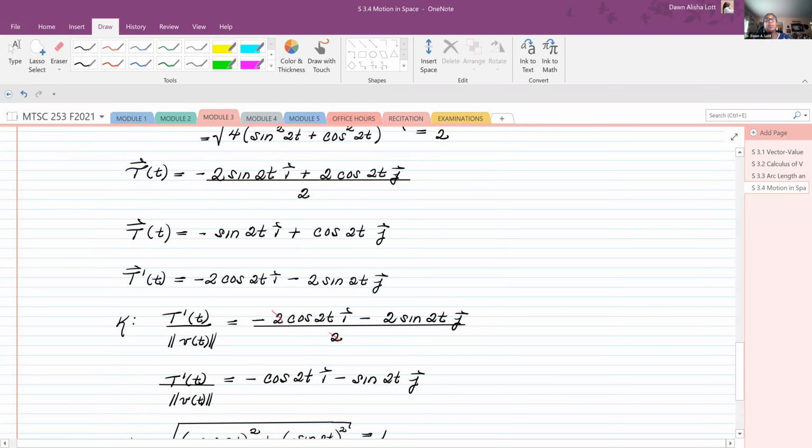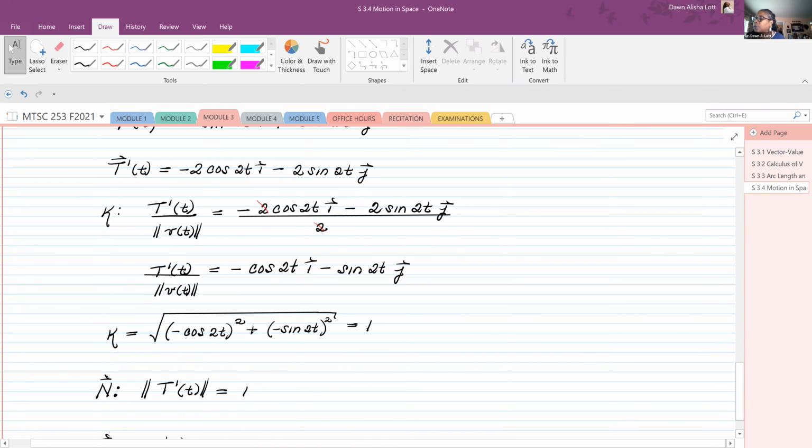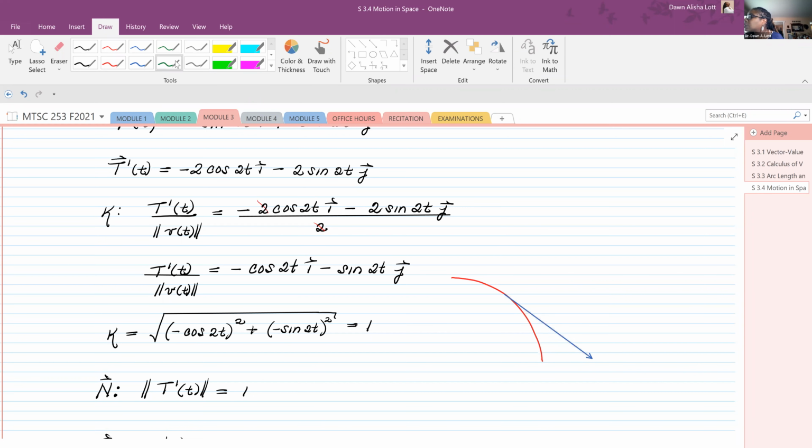Yeah, remember the normal, so here's the curve. The curve looks like that. The tangent is coming off like this, and the normal is coming out like this.